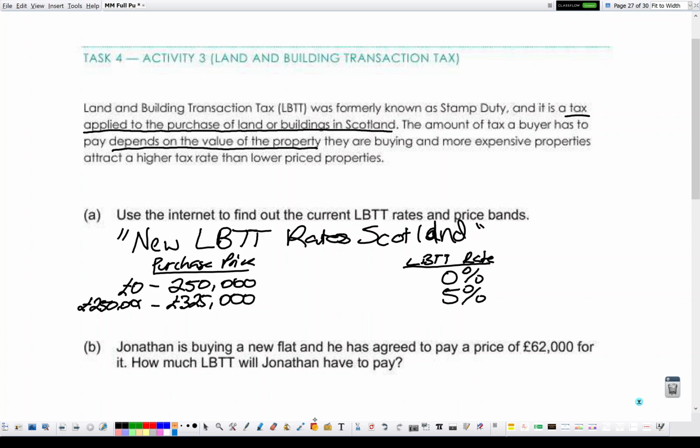If you're lucky enough to purchase a property even higher than that, the tax goes up. So above £325,000 and a pound, up until £750,000, you get charged 10%.